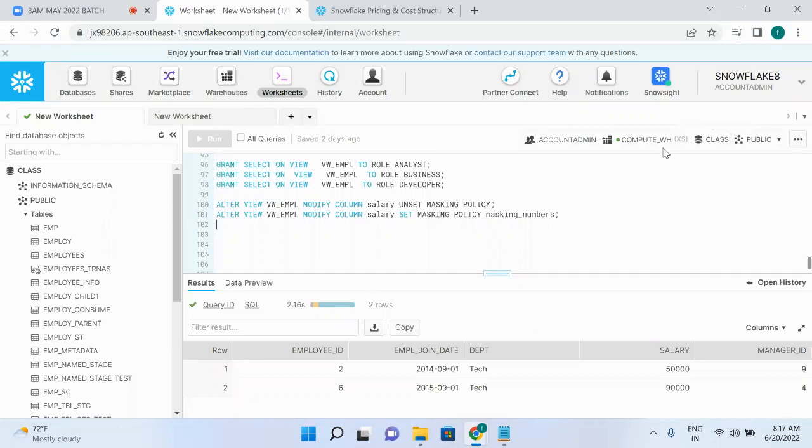Based on that, for 1 hour of utilization, they will charge 1 credit. Based on size, 1 credit means $2. One virtual warehouse size, extra small, means 1 credit. If you are utilizing a larger virtual warehouse size, then it will be more than $2. Let me show you here.